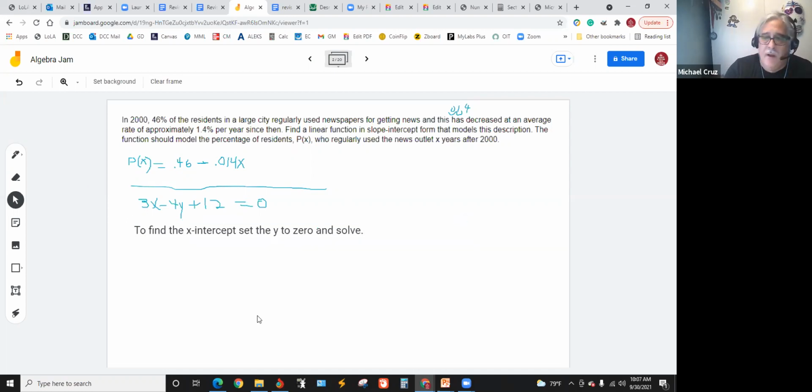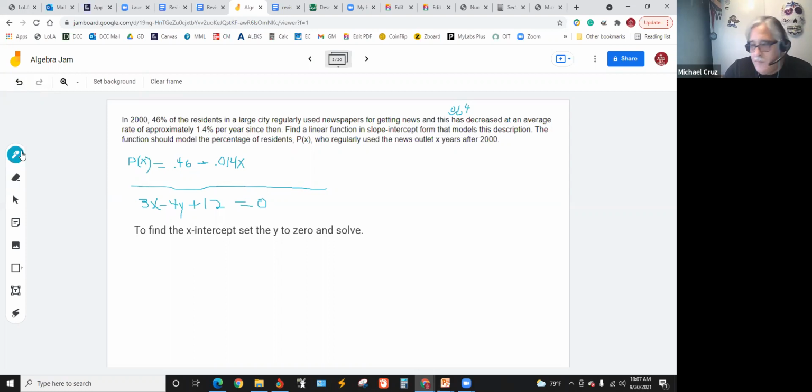Okay, so what does that mean? Now, the easiest kind of way to look at it, if I let y be equal to 0, then all this is going to be gone. And I've just got 3x is equal to 12, which is going to mean x is equal to 4.